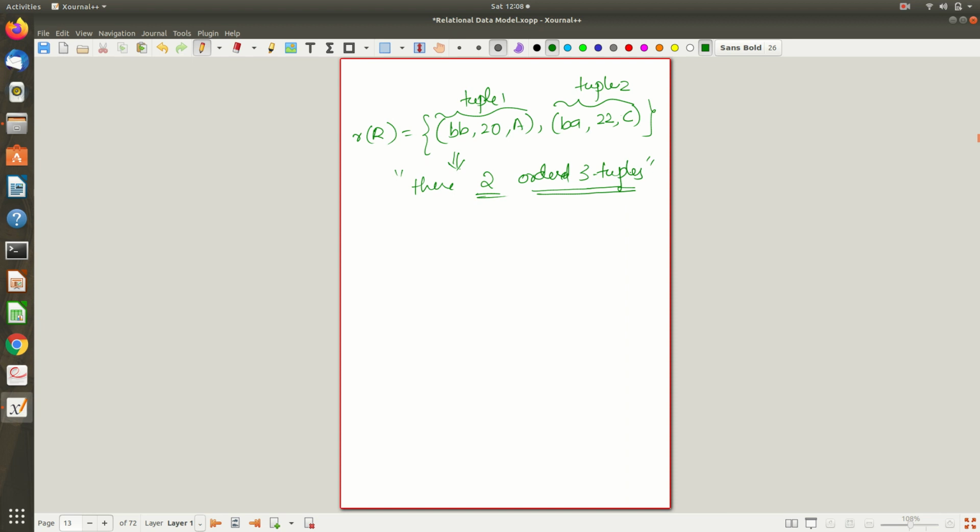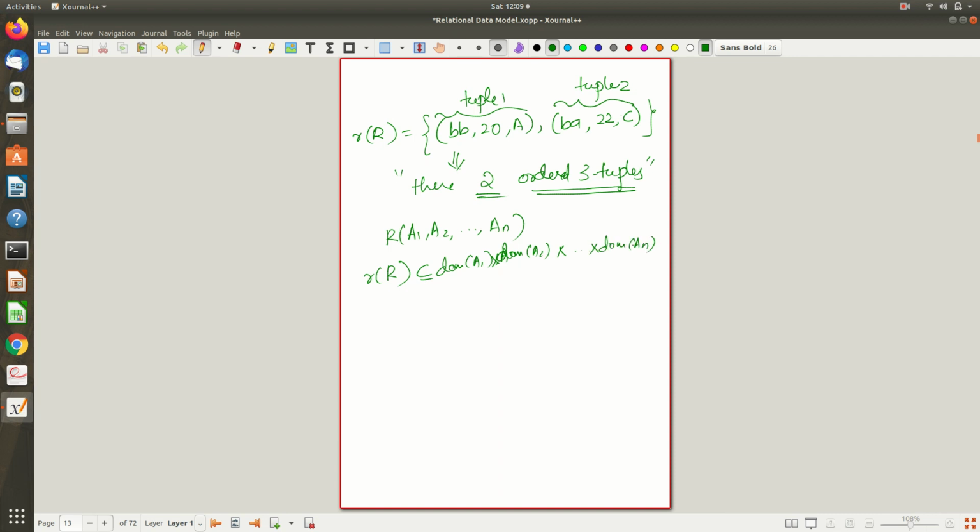So similarly, in general, suppose I have n attributes, right? So this relation R has attributes like A1, A2, etc., An, right? Now at any time the relational state of this particular relation schema R will be a subset of the Cartesian product, which is domain of A1, cross domain of A2, cross, etc., cross domain of An.